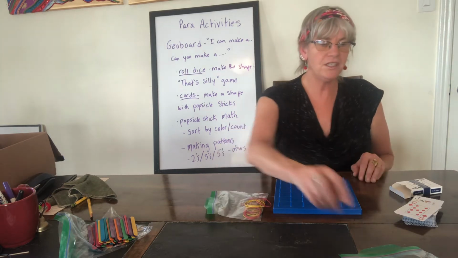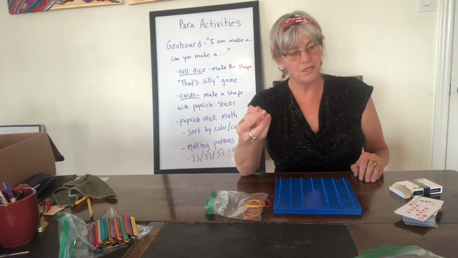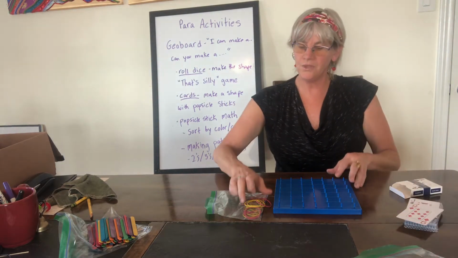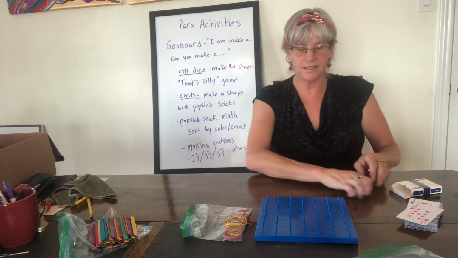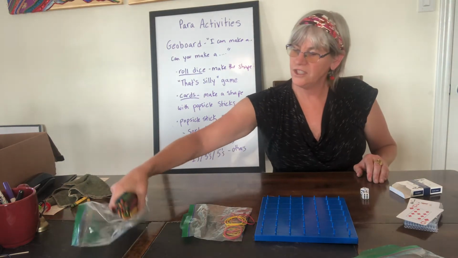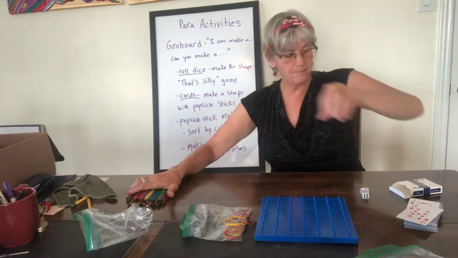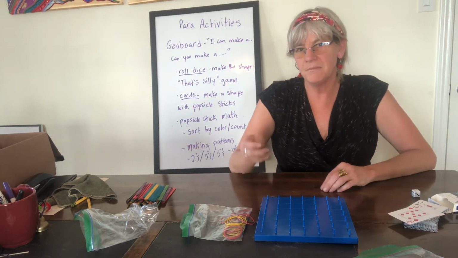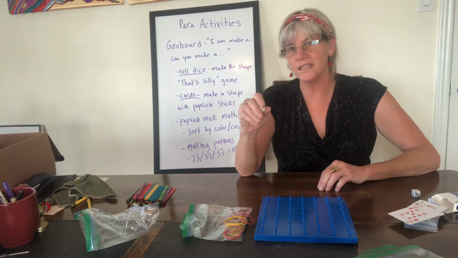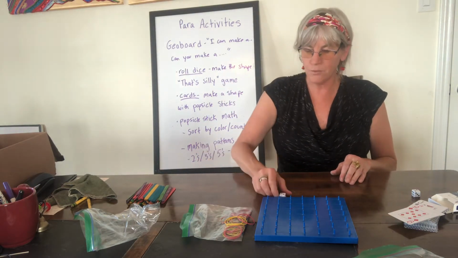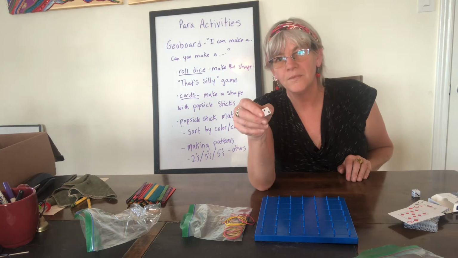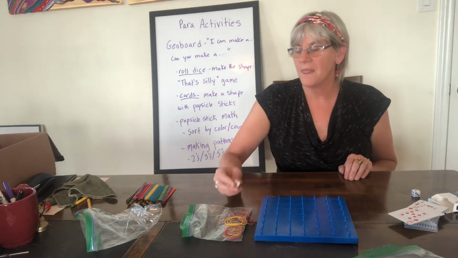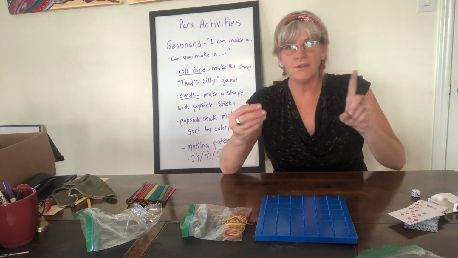You're going to be using your dice and your cards as random number generators to do the geoboards and the popsicle sticks. With the geoboards, if you roll your dice, there's something about this game that I want to tell you. It's called That's Silly. If they roll a 1 or a 2, the first person who says that's silly wins, because you can't make a shape with one side or two sides.